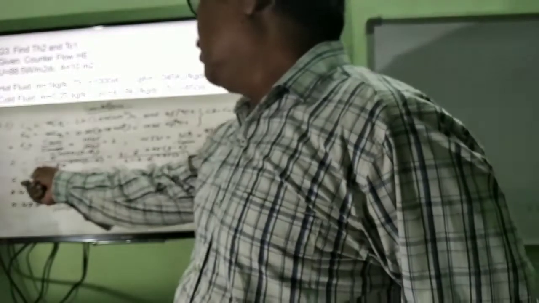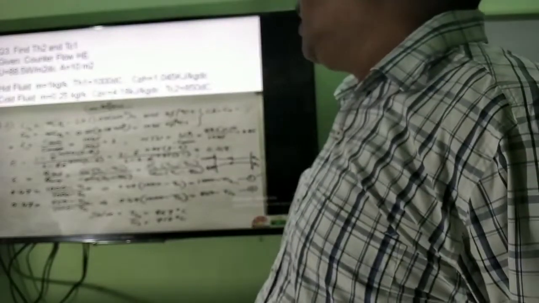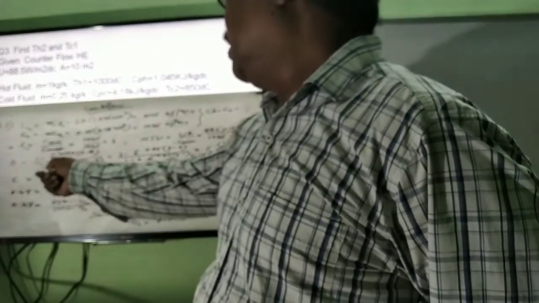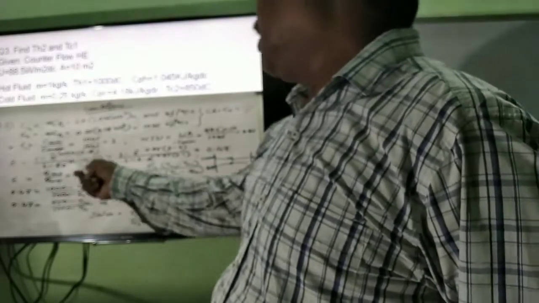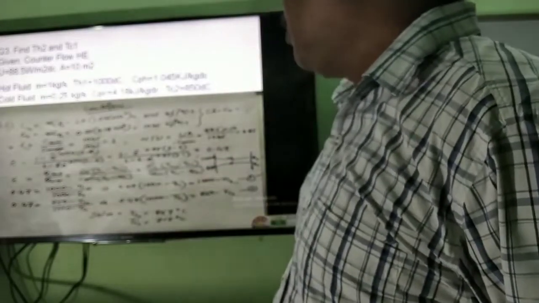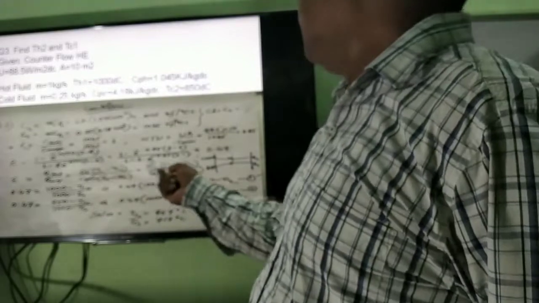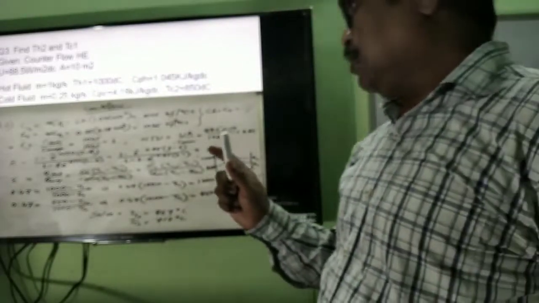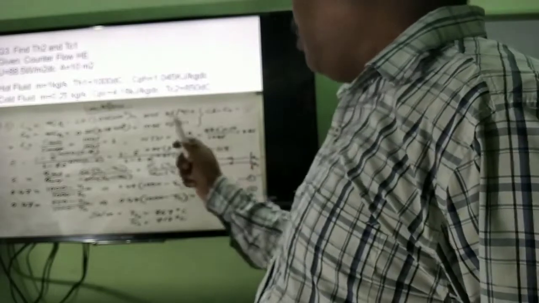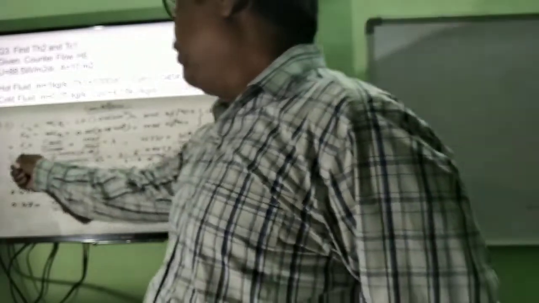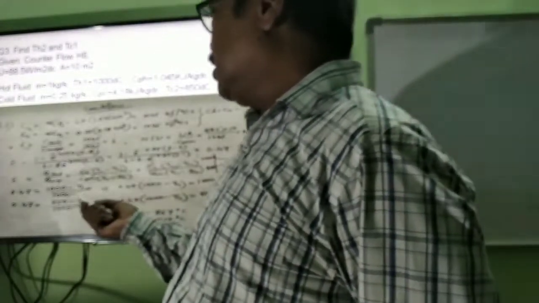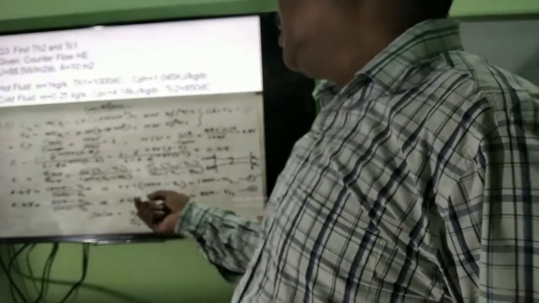From this you can find the effectiveness of the heat exchanger by the formula (1 minus e to the power of minus NTU(1 minus R)) divided by (1 minus R e to the power of minus NTU(1 minus R)), that is for a counterflow heat exchanger. Put this value, it will be 0.45. So one effectiveness you got from this formula. Another formula is actual heat divided by maximum heat. So what is actual heat?